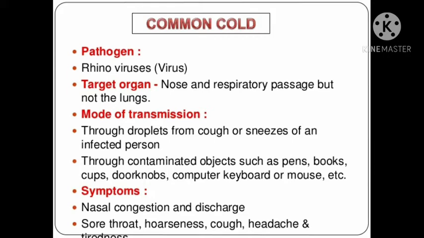So in that way, it is different from pneumonia and tuberculosis. It affects only the nose and the respiratory passage. The virus responsible for the common cold belongs to a family of viruses called rhinoviruses.